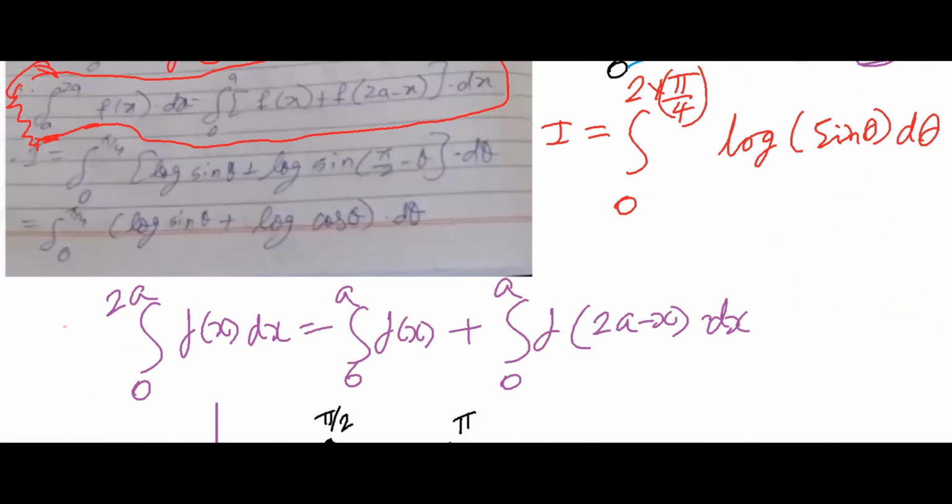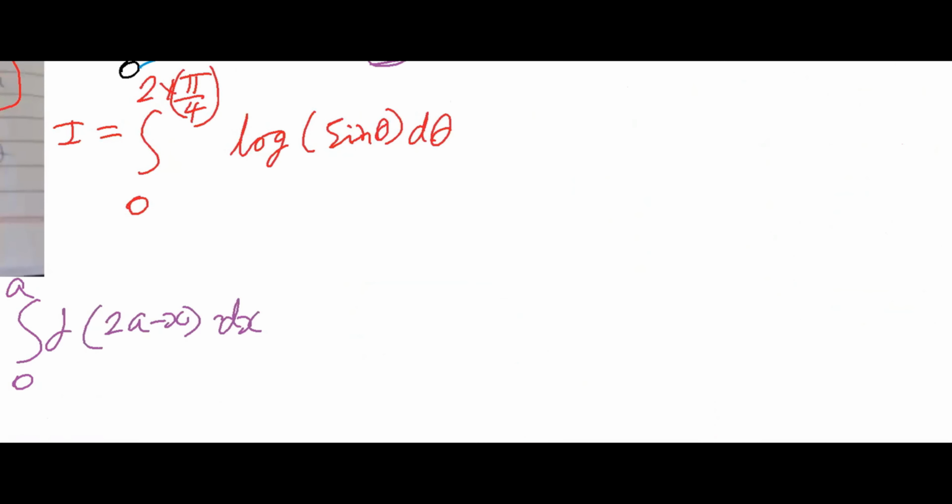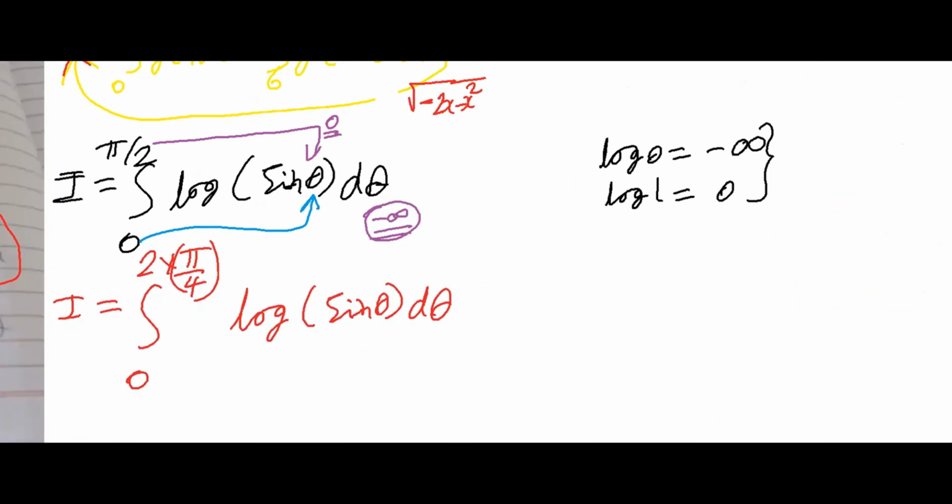Hope now it is clear. That's the reason I will use that property, and with that property I will write this pi by 2 as 2 into pi by 4, so 0 to 2 into pi by 4, log of sine theta d theta. Now based on this, I will use the property.